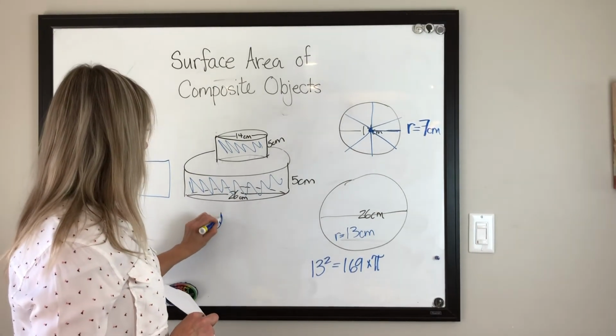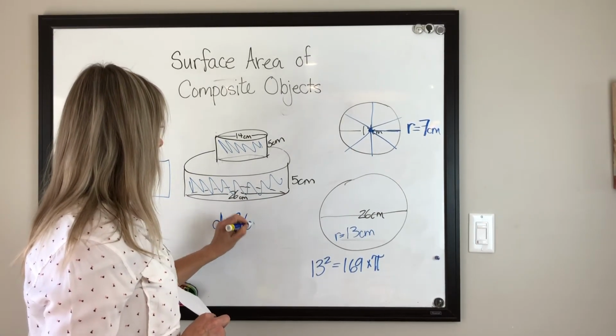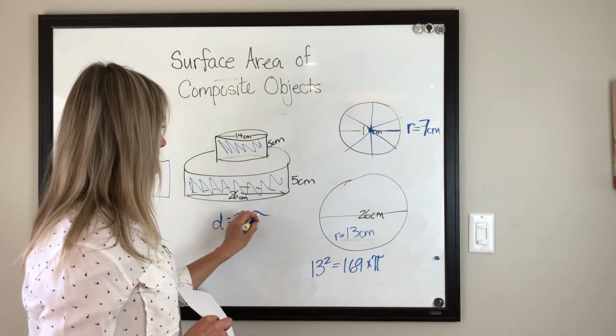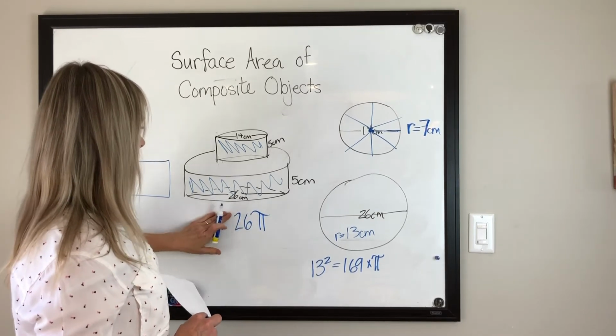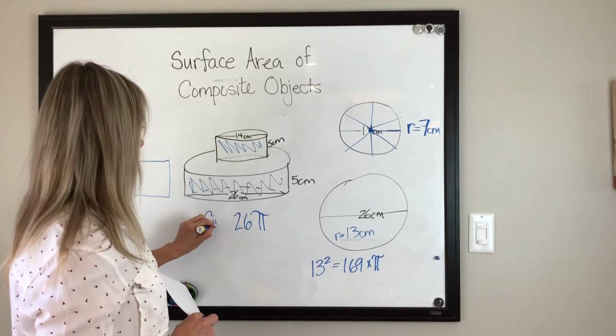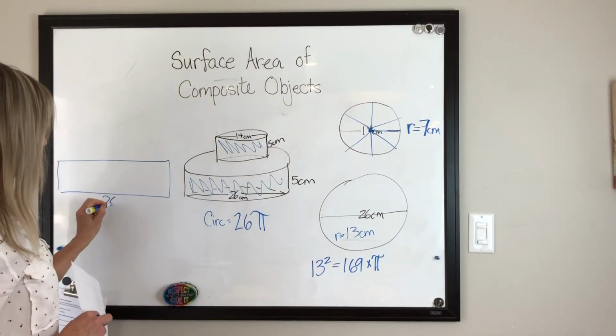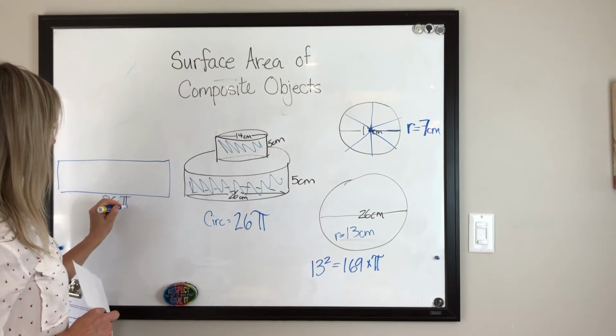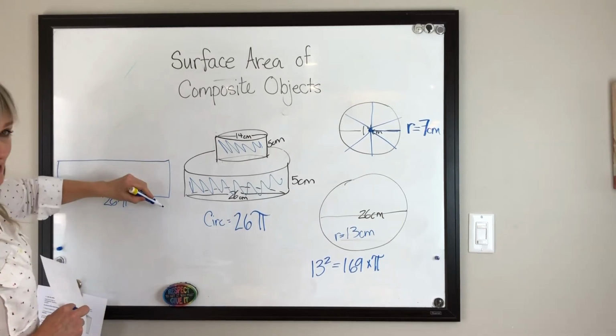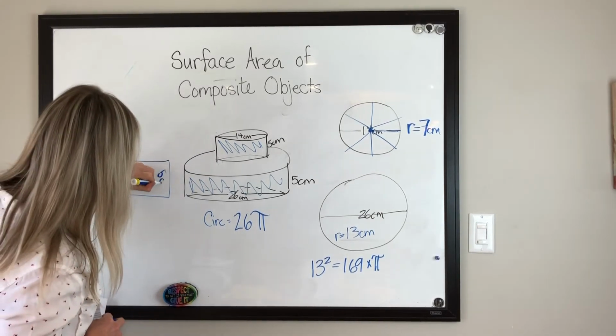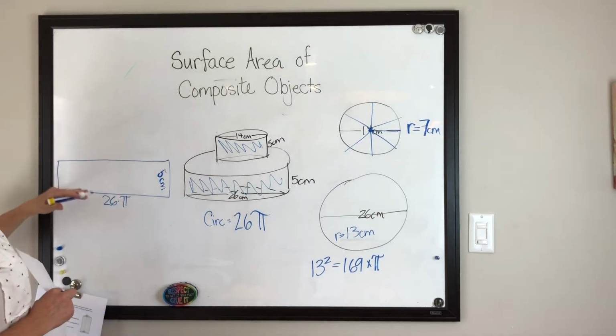Well, if we know that the diameter is 26, we multiply the diameter times pi, and that'll give us the circumference. And that value of 26 times pi is this. What is this? This is 5 centimeters. So then we can calculate the area for this.